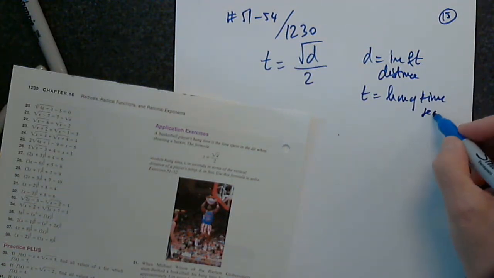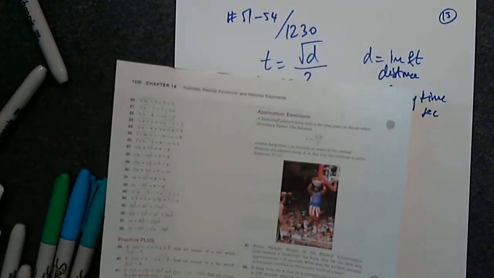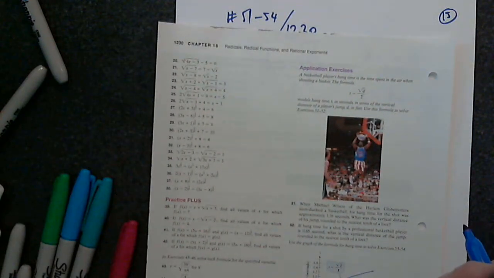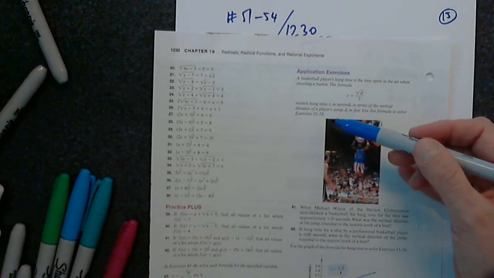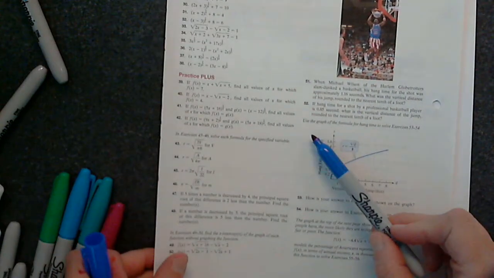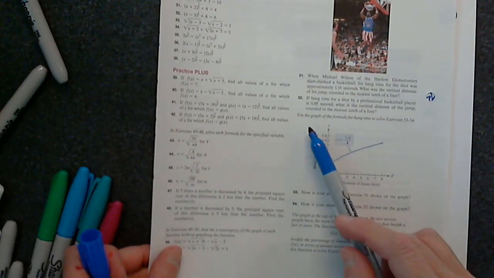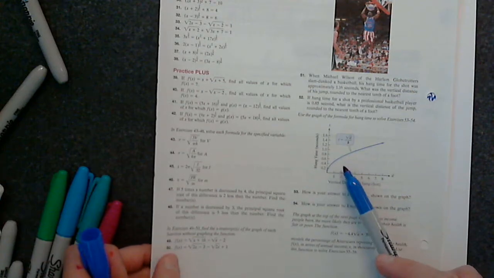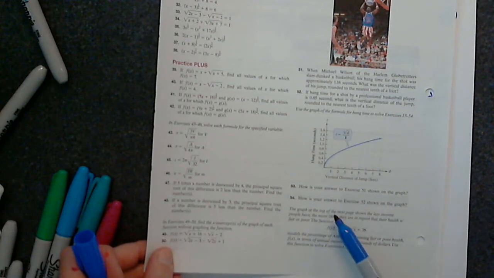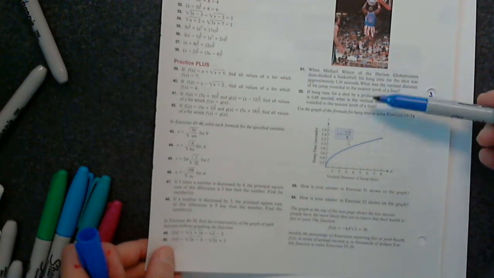Okay, perfect. We're given the formula. Use the formula to solve exercises 51 and 52, and here we are in 53 and 54. We are given the graph of this, and they are asking us to check the answers from 51 and 52. So let's do the whole thing.